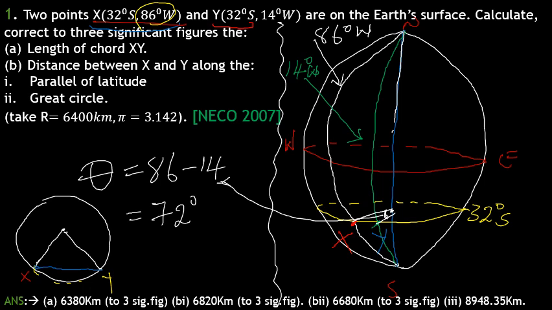So what are we going to do? The formula for calculating the length of a chord is 2r sine theta over 2. If you want to derive this, let me quickly show you how you can derive it easily. Remember that this angle here is 72 degrees.